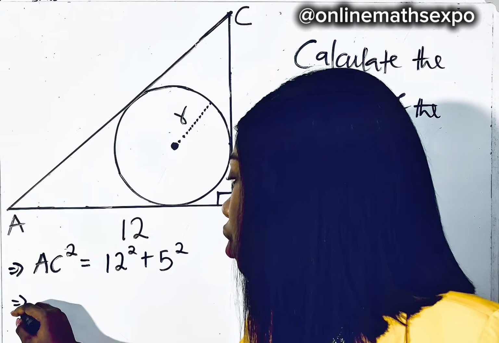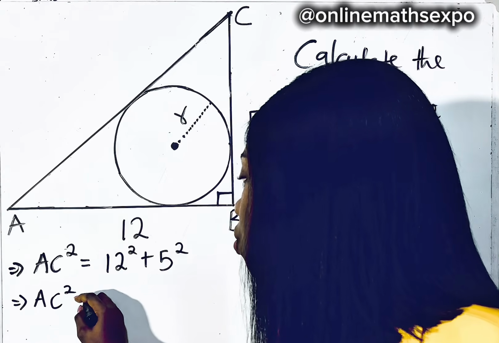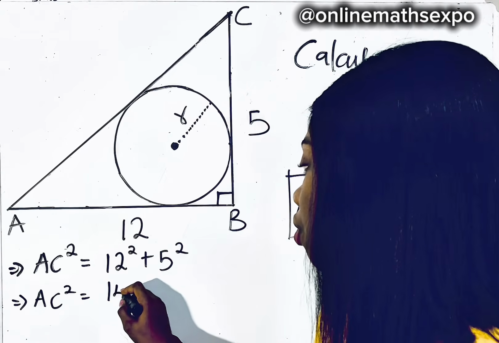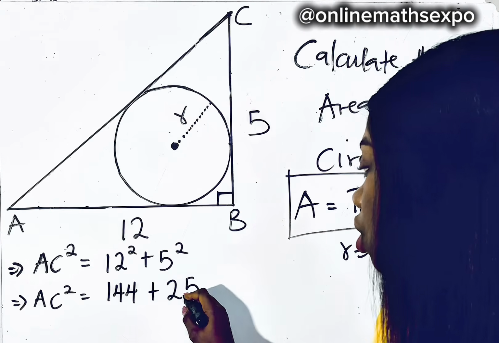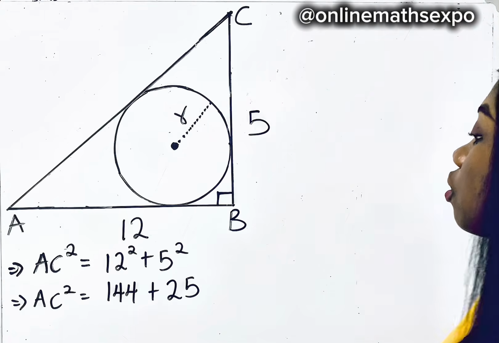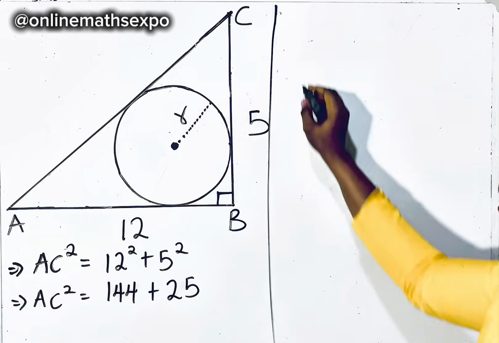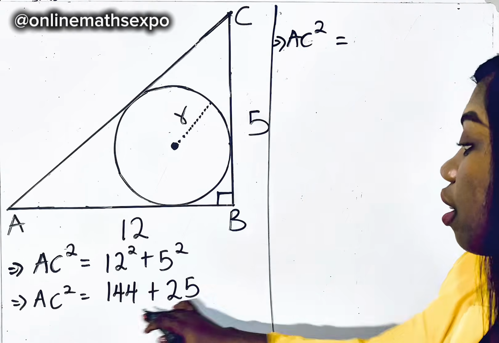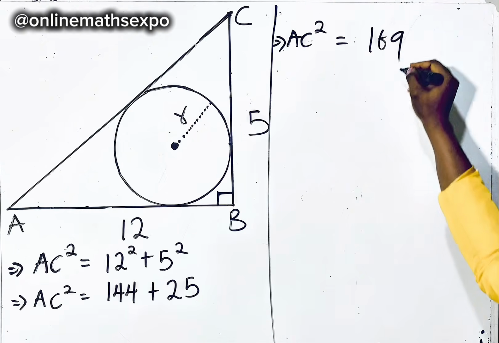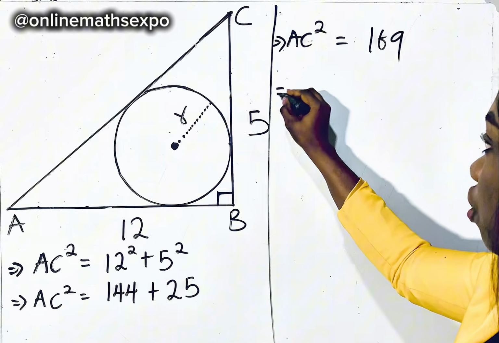Keep solving. We now have length AC squared. 12 squared gives us 144. 5 squared gives us 25. Add these, and AC squared is equal to 169. To remove this square, you take the square root.